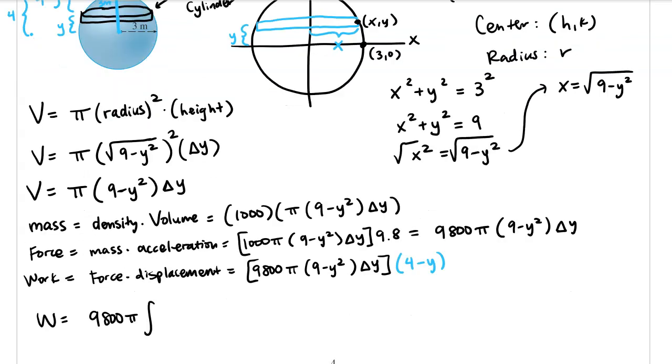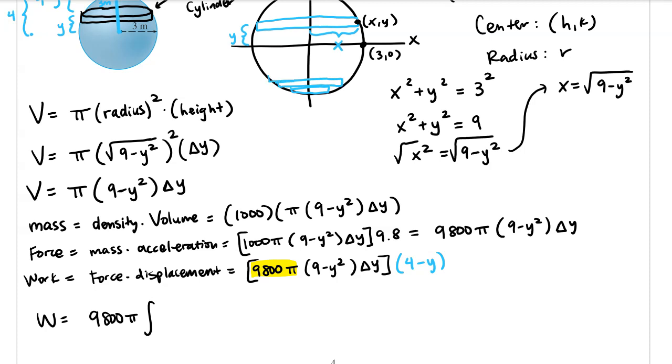All right, so we are starting to set up our work integral. So I factored out 9,800 times pi, because that's a constant. And now I'm at the stage where I want to write out my limits of integration. So where is my bottommost water slice starting, and where is my last one ending?